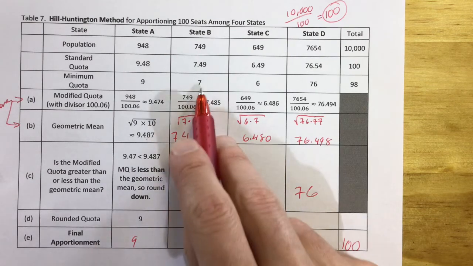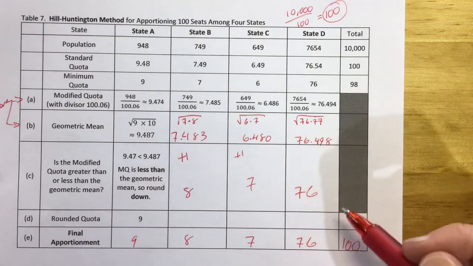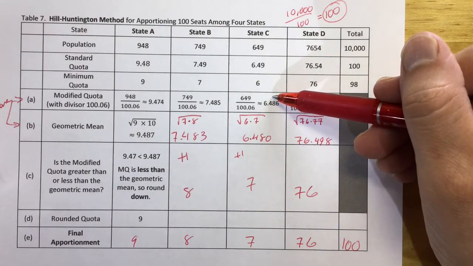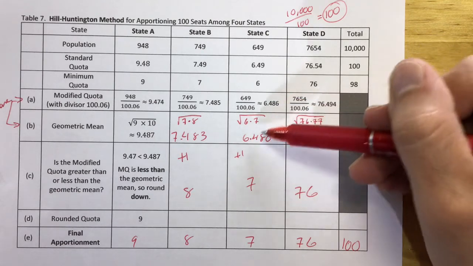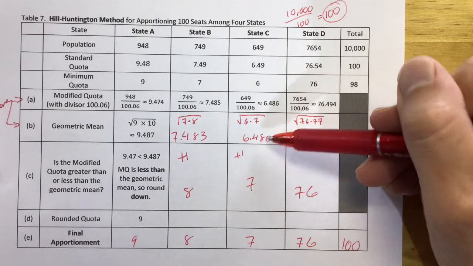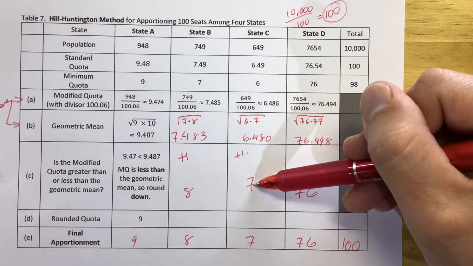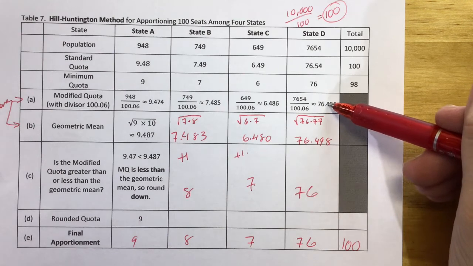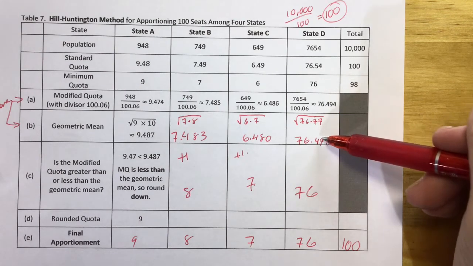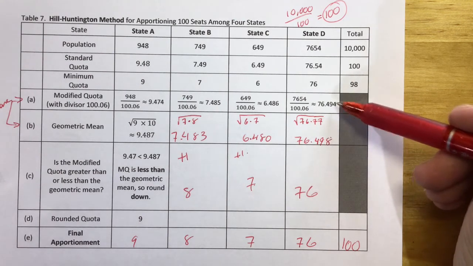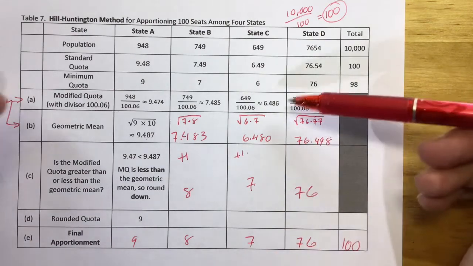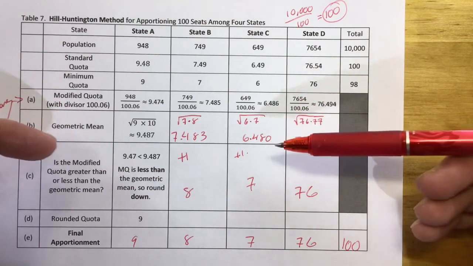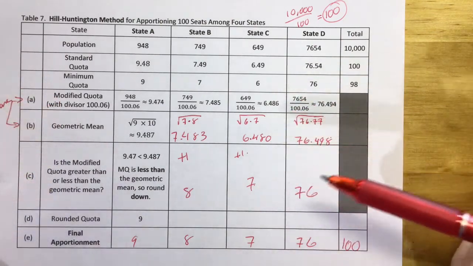You're taking that larger number, bigger than the 7, right? And the next, the modified quotient 6.486 is bigger than 6.480, so you're going to gain a seat here and end up at 7. And the last, the 76.494 is less than the 76.498, so you do not gain a seat here. So as you go through these, always read the quotient versus the mean, quotient versus the mean, to decide if it's going to go up or if it's going to stay.